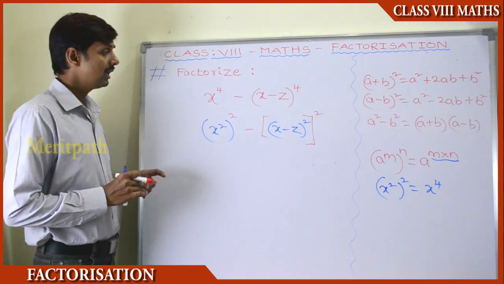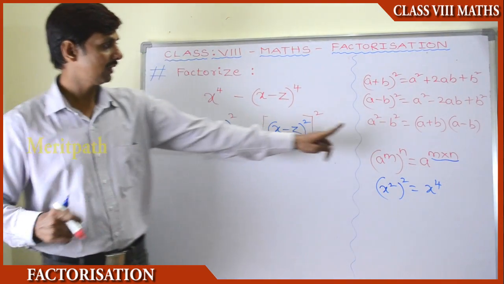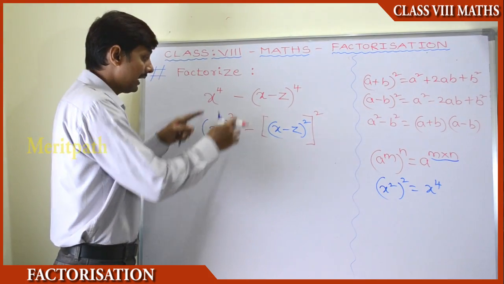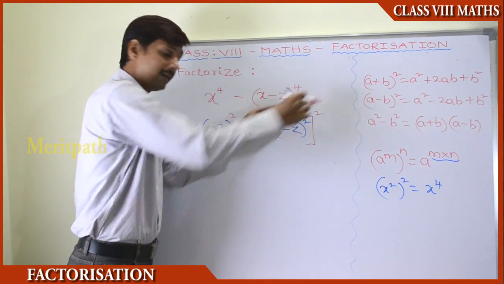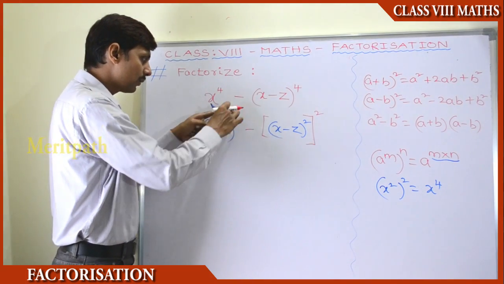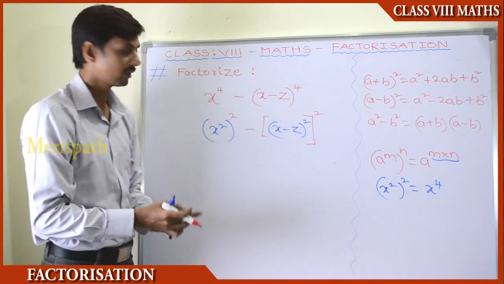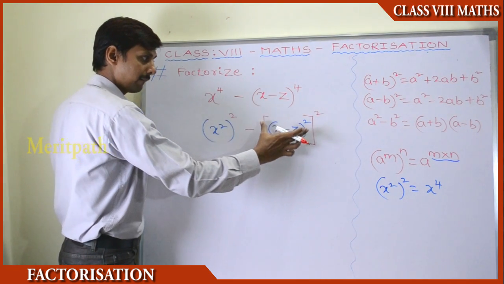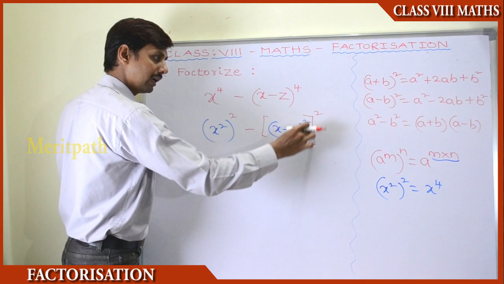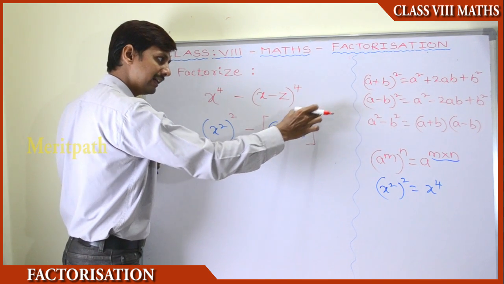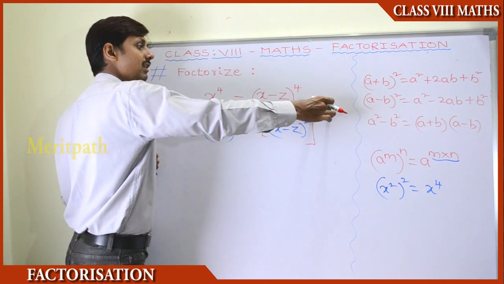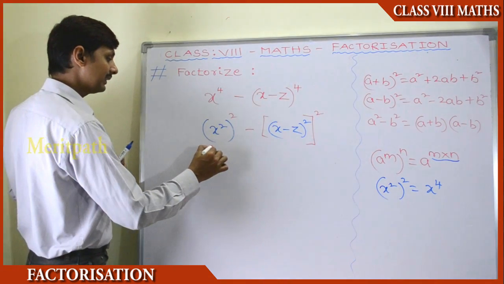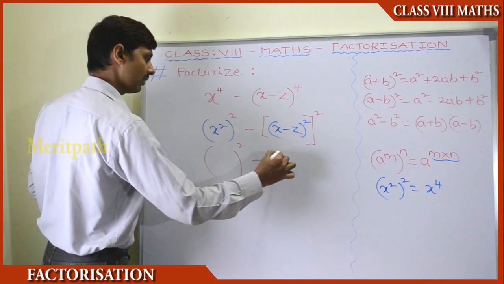Now we have the formula of a square minus b square, so let's think this one is a square and this is b square. This whole term x square we have taken as a, and the whole term (x minus z) whole square is b. So let's write a square minus b square.